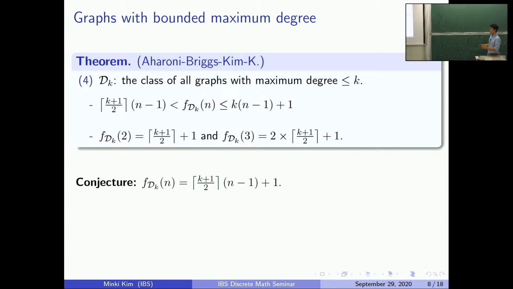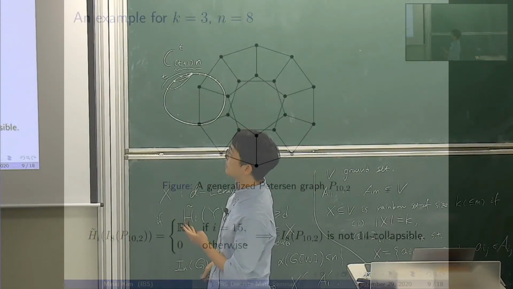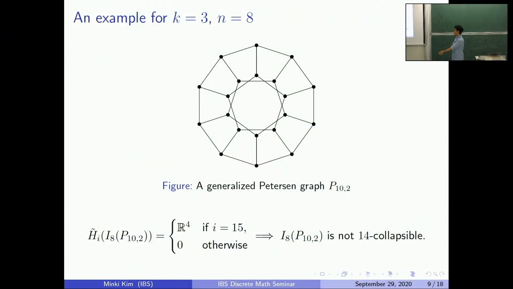So it's natural to ask: can we solve this conjecture using the collapsibility numbers? We hoped so, but unfortunately the answer is negative because of this example. Here we have a 3-regular graph on 20 vertices.